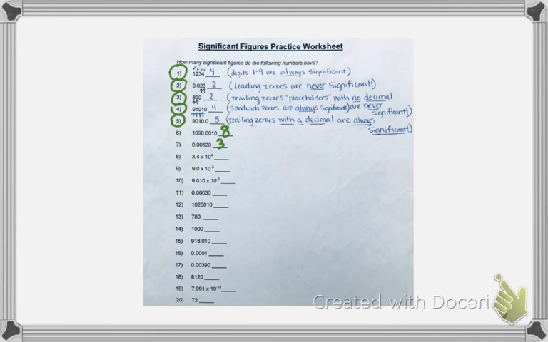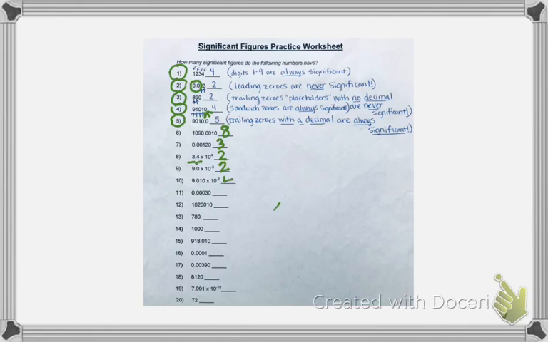There are only 2 times that you do not count a 0: when it is trailing with no decimal present, as we see here in this one, or if it's leading zeros like these. Otherwise, the zeros count. In number 8, there's 2 sig figs, the 3 and the 4.